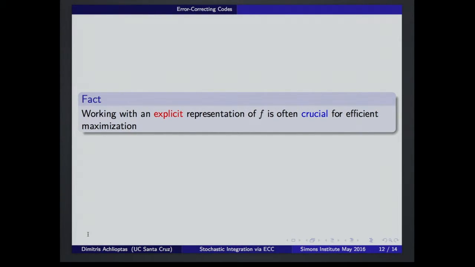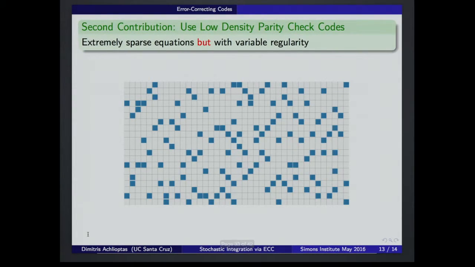And if you go with the route I presented earlier, all this is gone. So you would like to maintain the syntactic representation. And then the idea is to use low density parity check codes. And for the probably very few of you who have never seen those before, let me just explain what the main idea is in using these codes.